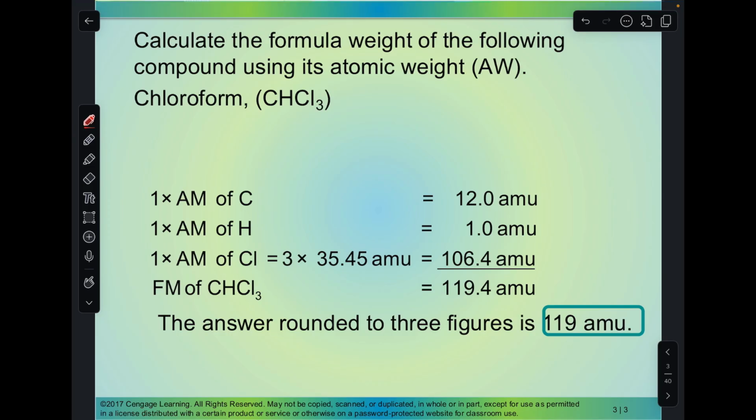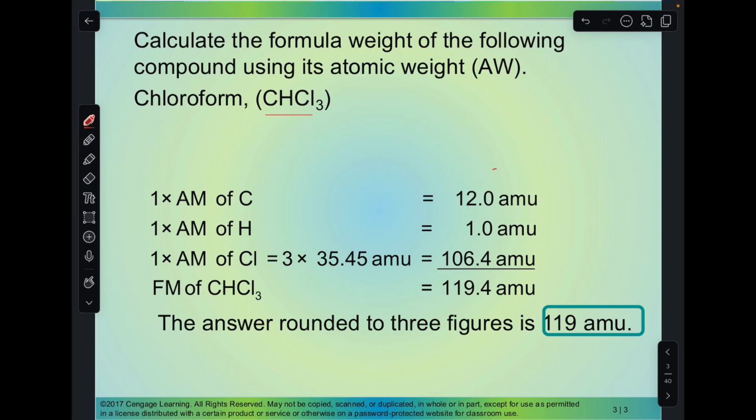The way that formula weight or molecular weight is calculated is by taking into account the molecular mass or the molar mass of each atom in a compound. For example, we have CHCl3, which is chloroform.